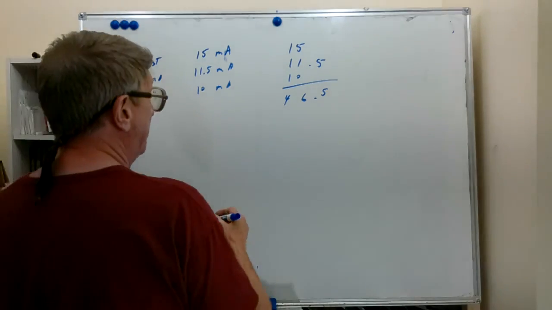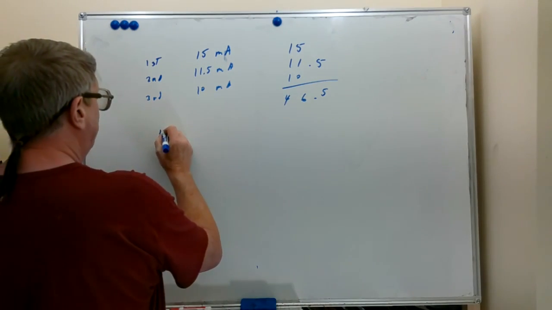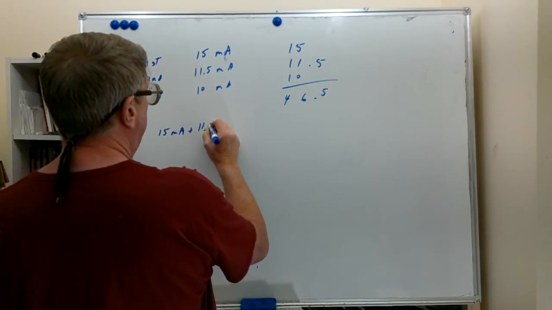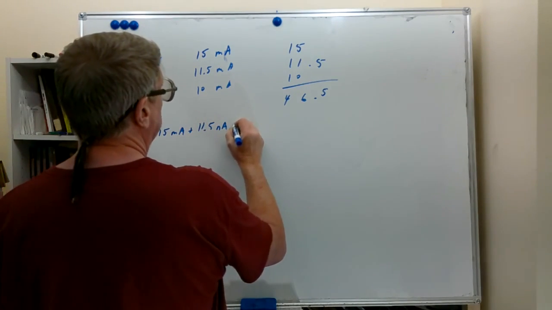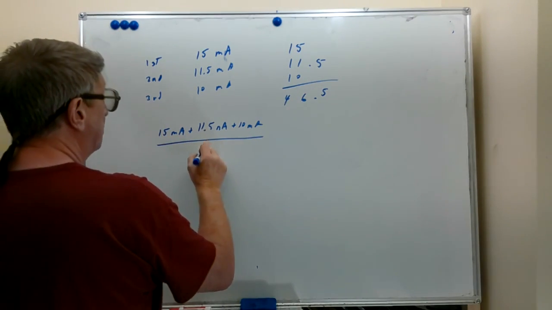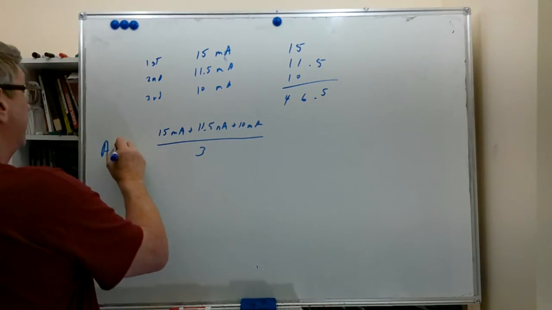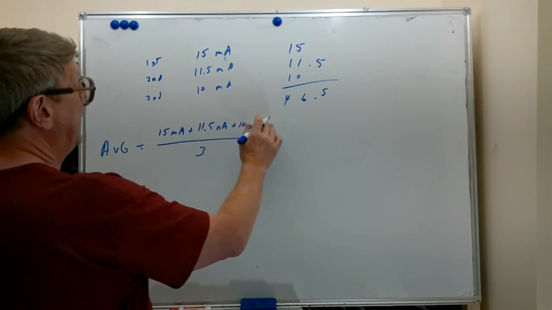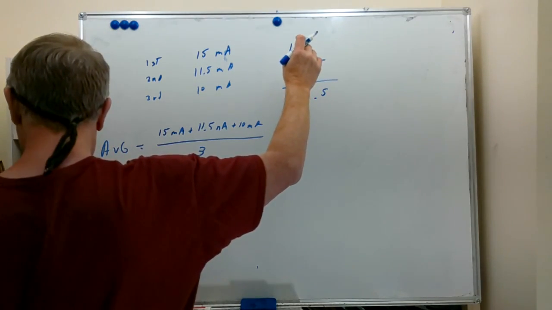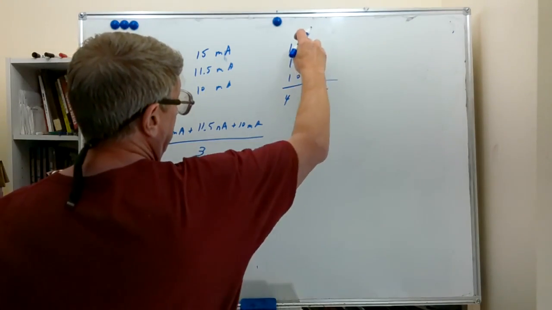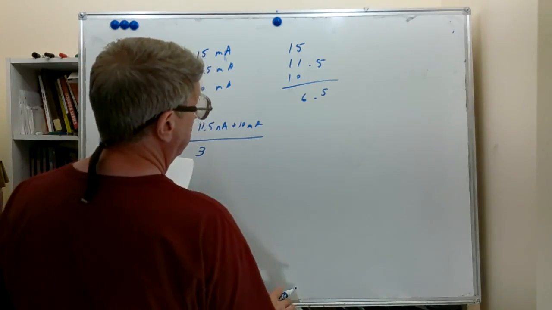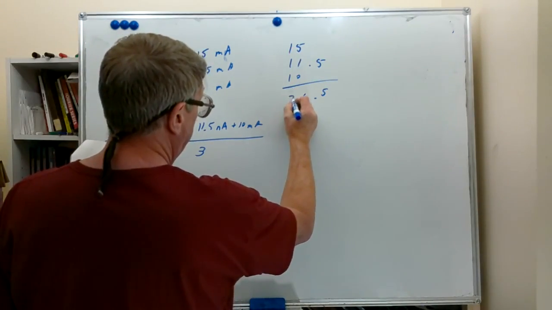We want to divide that by 3 because it's going to be 15 milliamps plus 11.5 milliamps plus 10 milliamps over the total number of readings, which was 3. For the average, we sum up the readings and divide by the number of readings. Did we add these up right? 5, 6, oh excuse me, that's 36.5, right? Yeah, there was no carryover. That's 36.5.